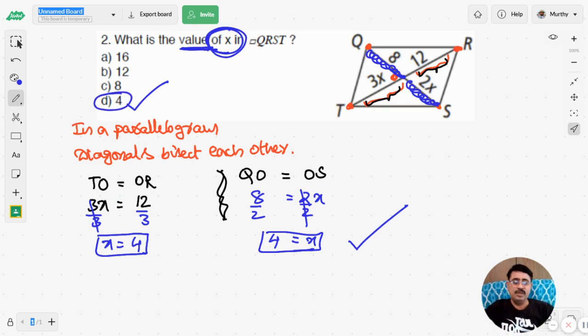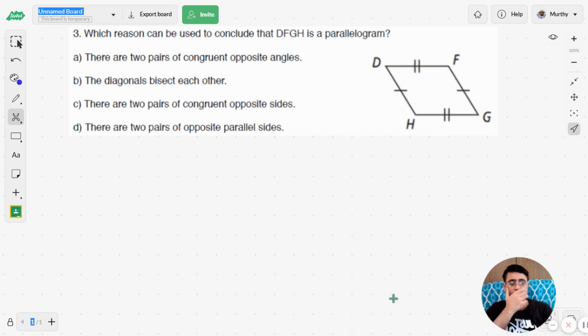Okay, let's go to the next question really quick. In this question, which reason can be used to conclude DFGH is a parallelogram? So let's look at the markings. The markings show that DF equals GH, double strokes, and the other pair of sides DH equals FG.